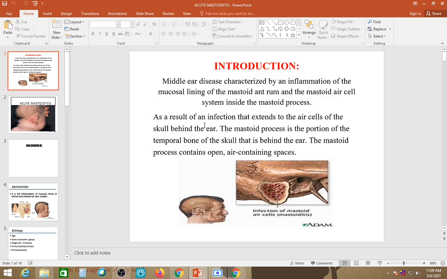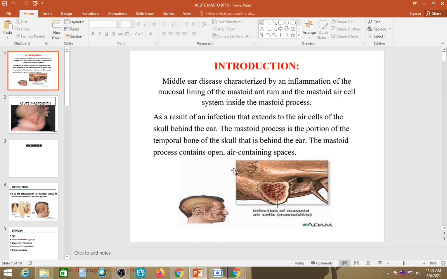As a result of the infection, you can see in the diagram that it extends to the air cells of the skull behind the ear. Because the infection extends inside the middle ear, the bone is infected and decalcified. The mastoid process is the portion of the temporal bone of the skull behind the ear.